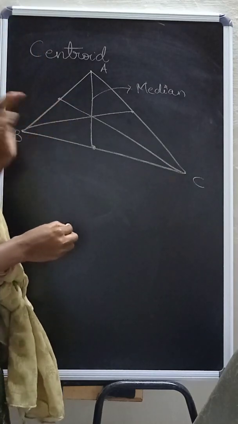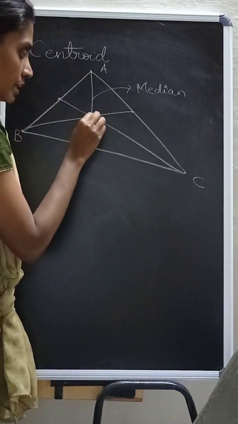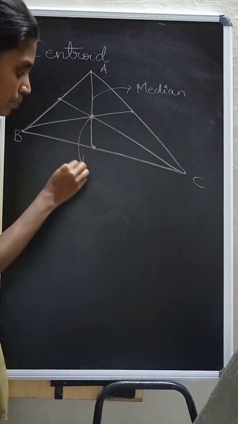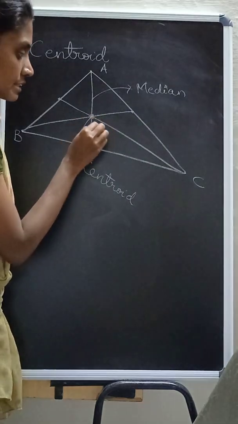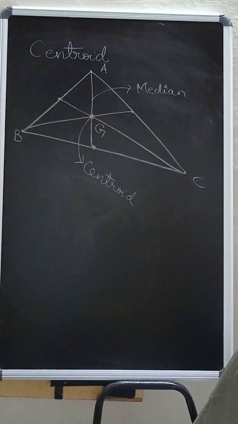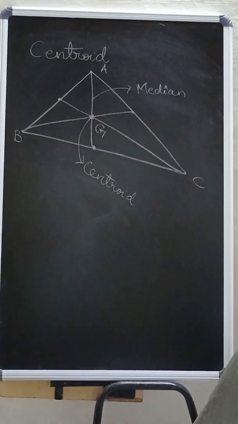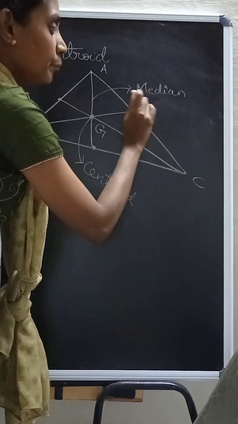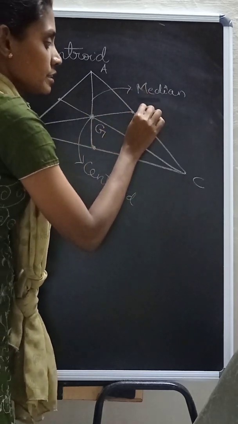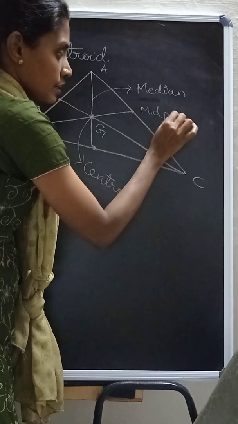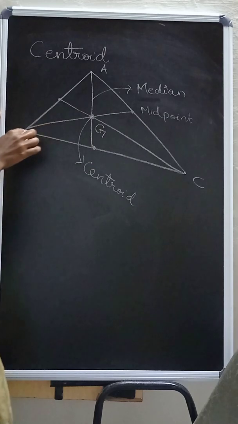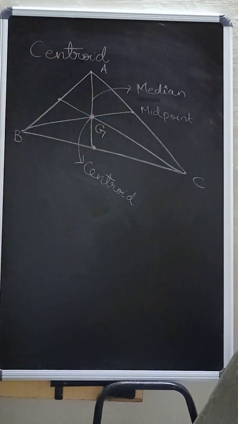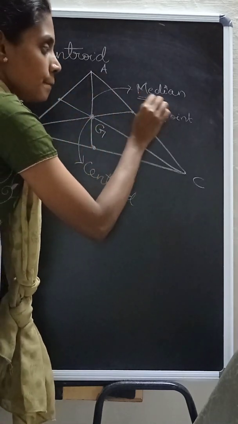So you have three medians and they all meet at a point, and this point is called your centroid, and this is denoted by the letter G. You can also remember like this: median, midpoint. So take the midpoint of the sides and join it with the opposite vertex. You will get your median, mid.